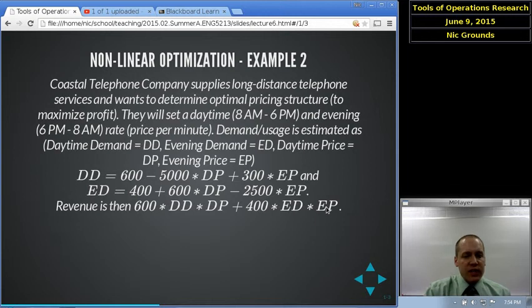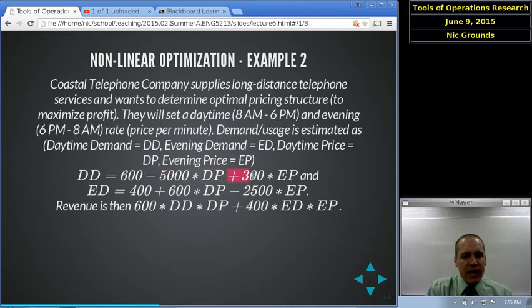So the equation here of daytime demand says that there's a base demand of 600 minutes that people will call long distance during the daytime. However, that demand goes down, so minus, for every increase in our daytime price. That is, the more we charge people for calling during the day, the less likely they are to do so, or the less time they spend on the phone during the day.